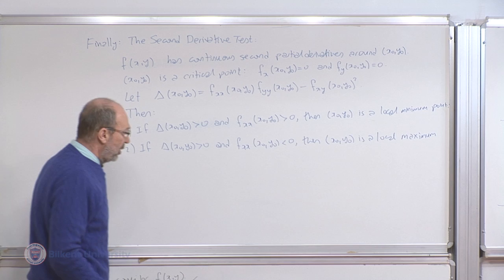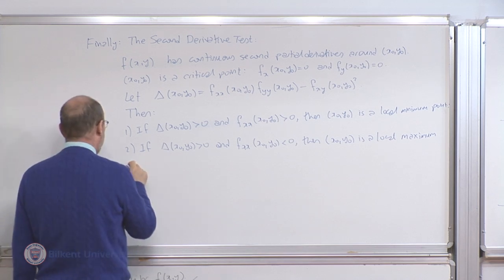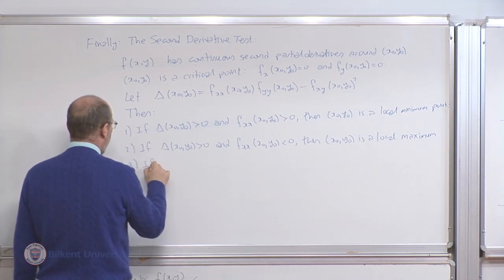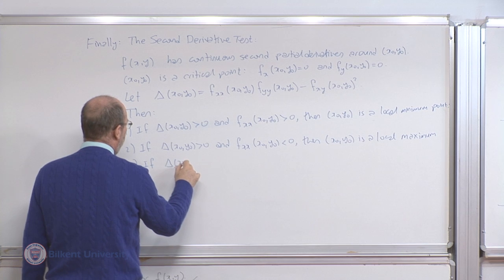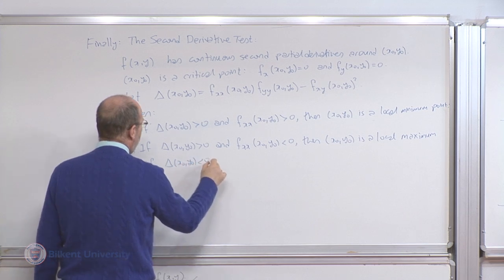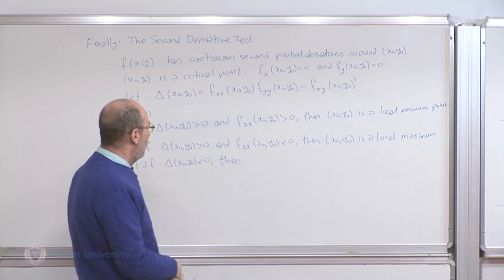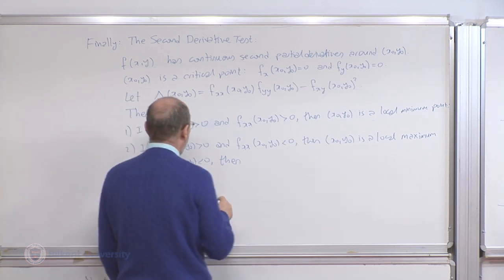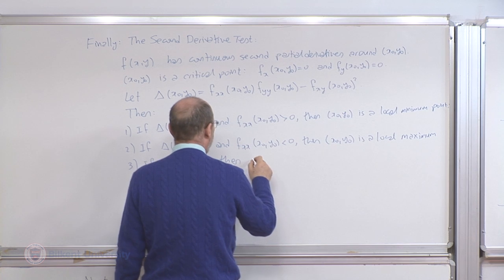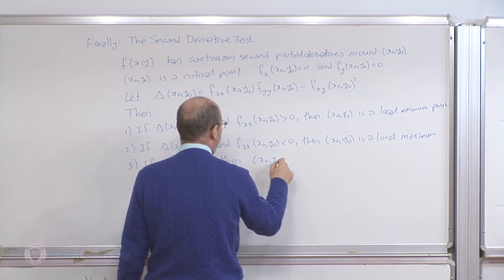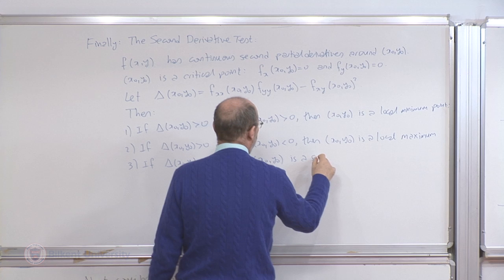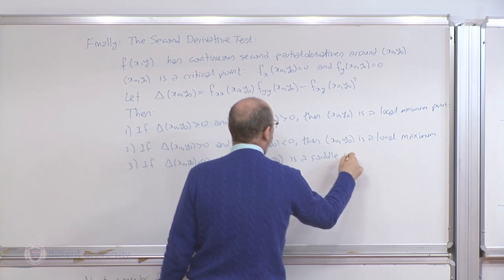And what else did we say? If the discriminant is negative, you see, when it is negative, then I don't care about the sign of this because I can change these things. Then x sub 0, y sub 0 is a saddle point.